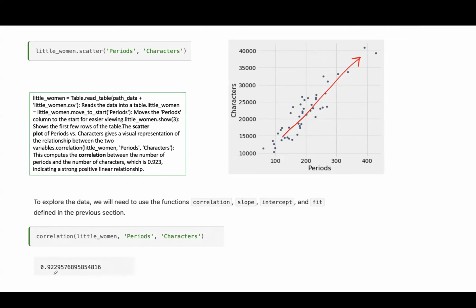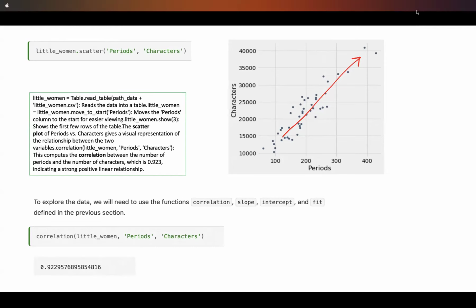Seems like we have a strong correlation between these two variables. Let me share the line of code with you so you can run this in your Jupyter notebook. This is the standard unit and the correlation function and the definition of slope and the intercept and the fit.